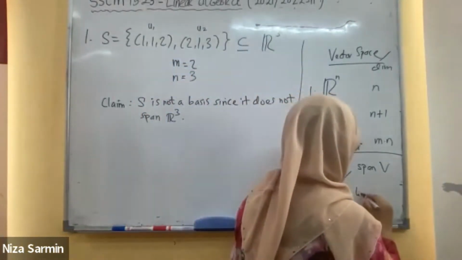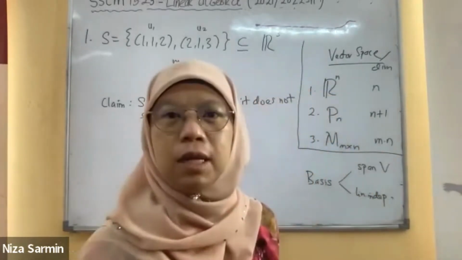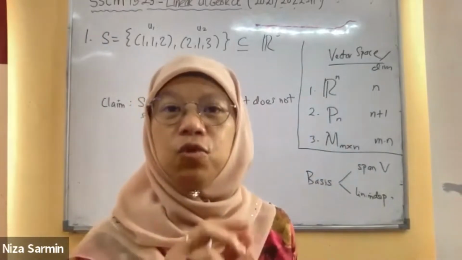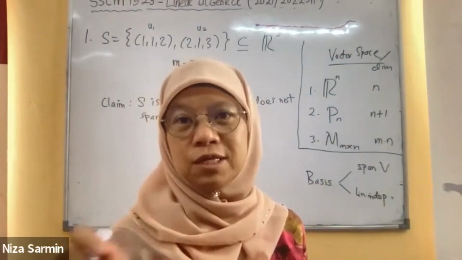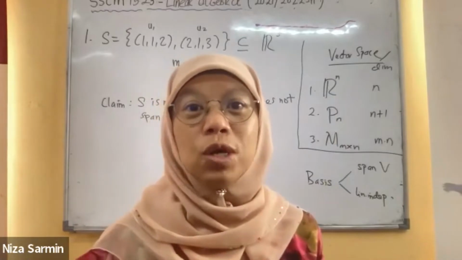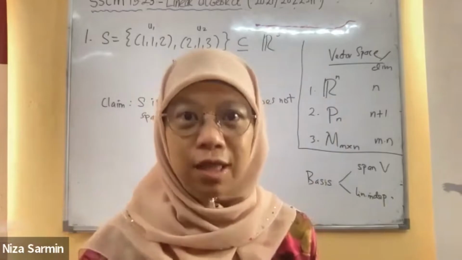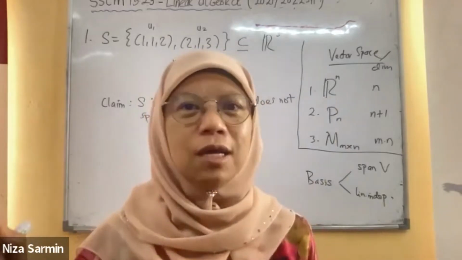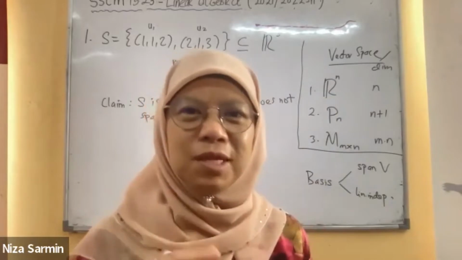And it has to be linearly independent. What does it mean by linearly independent? If you have C1 U1 plus C2 U2 plus Cm Um equal 0, you have to put equal 0, then all Ci's have to be 0. It's a little bit different than spanning.